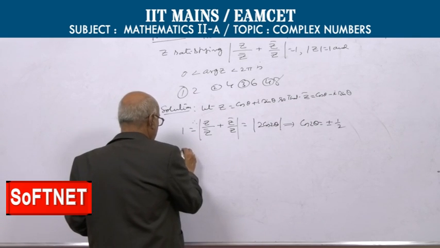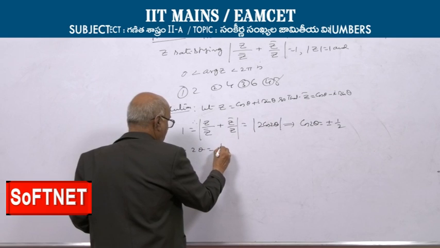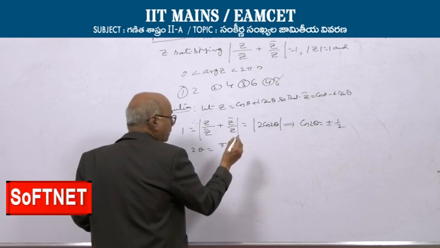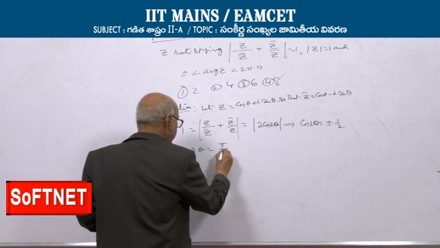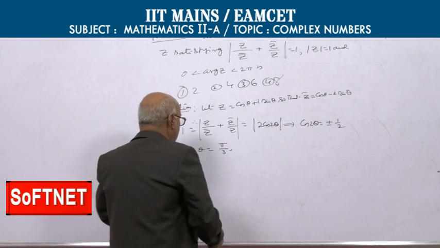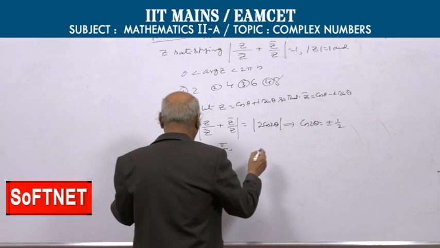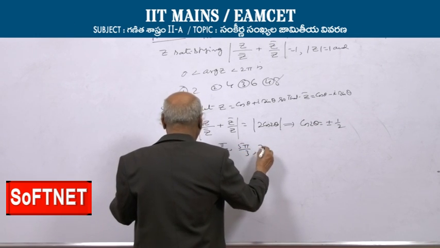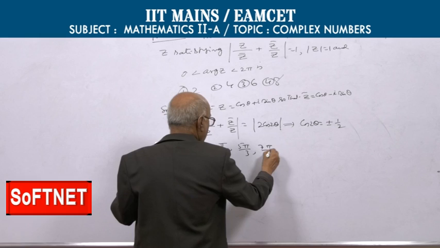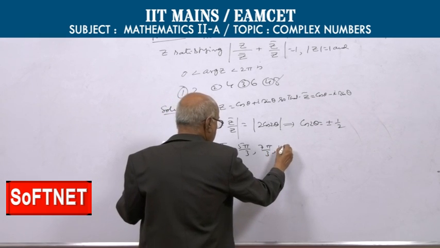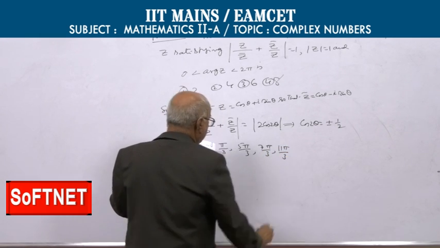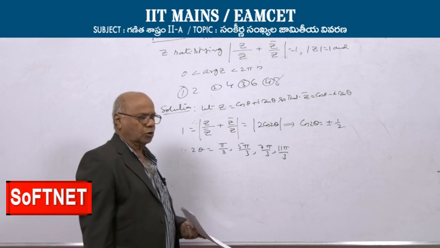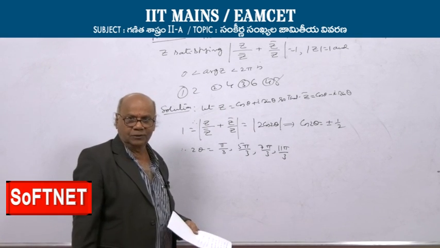So this shows that 2 theta is equal to how? 2 theta is equal to pi by 3, 3 pi by 3, 5 pi by 3, 7 pi by 3 and 11 pi by 3, because you know that cos theta is same as cos of 2 pi plus theta and cos of 2 pi minus theta.